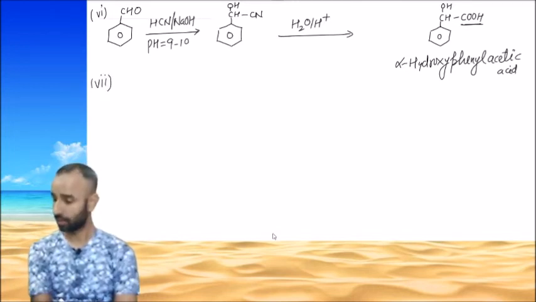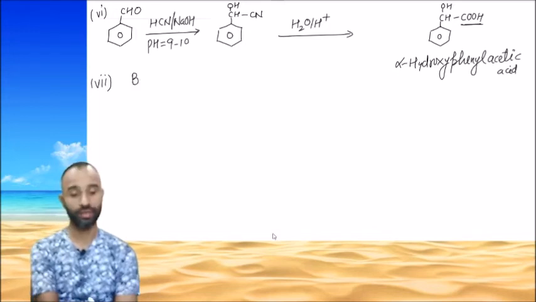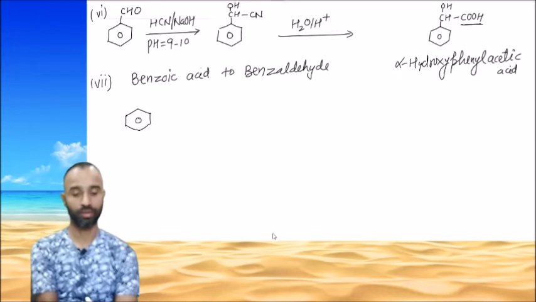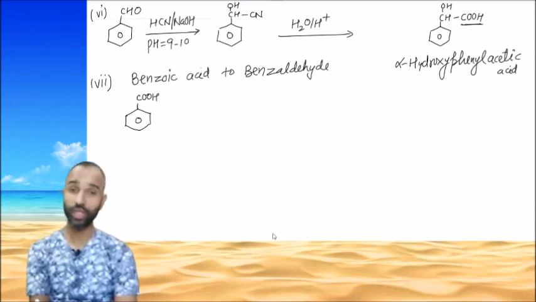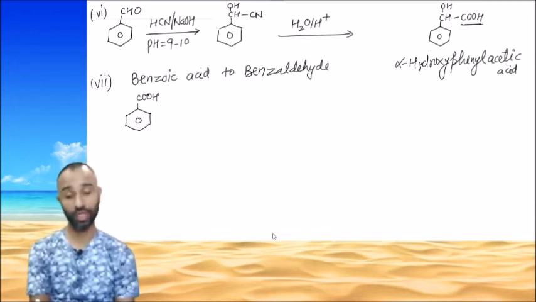Now seventh is benzoic acid to benzaldehyde. See, we have benzoic acid to benzaldehyde. If we reduce it, it converts into alcohol.